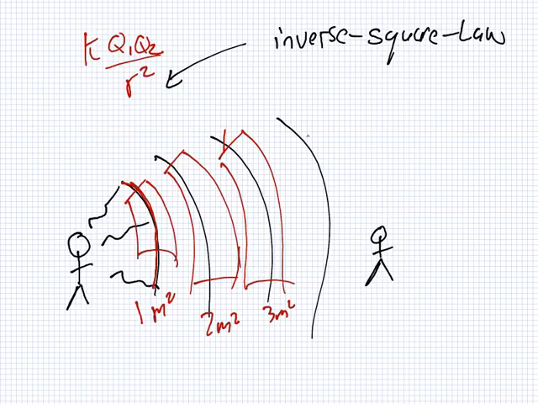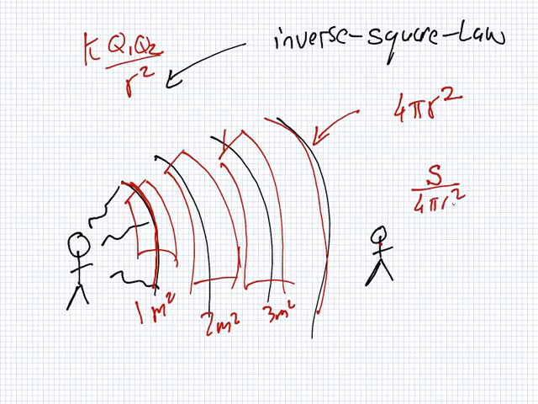So we need a formula to calculate the area here, and the formula for the area of a ball is 4 pi r squared. So when the person is standing here, how much they smell will be the smell at the beginning divided by the area, because it's spread over a bigger area.